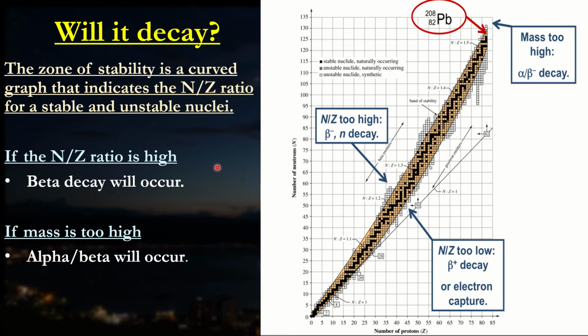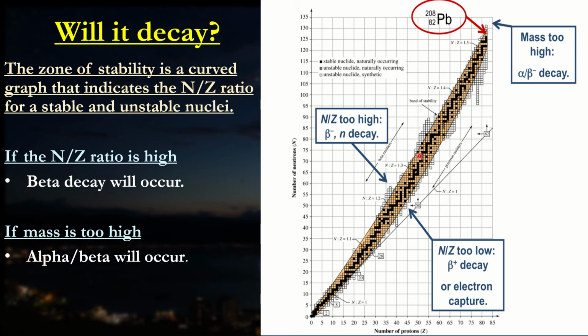The zone of stability, the curved line you see here, is where we would believe the nucleus is stable. Anything outside this range is unstable.